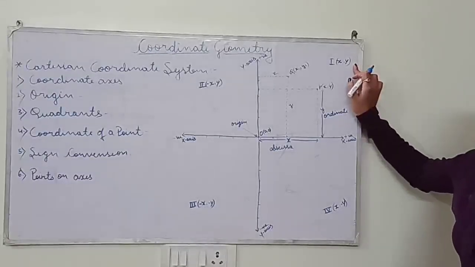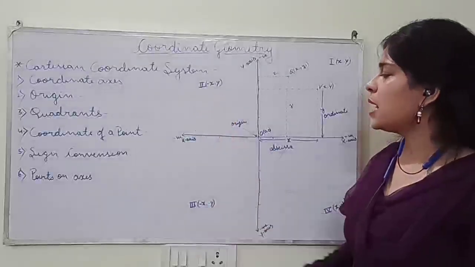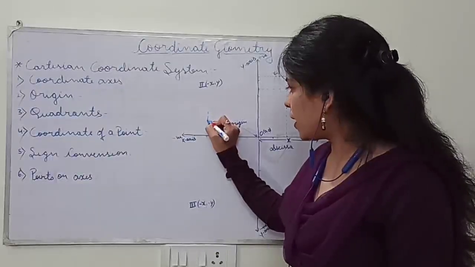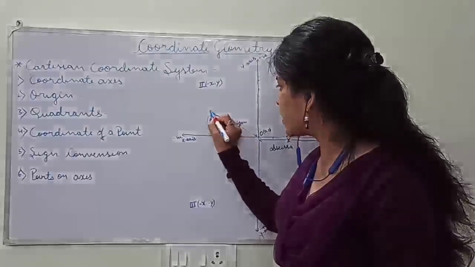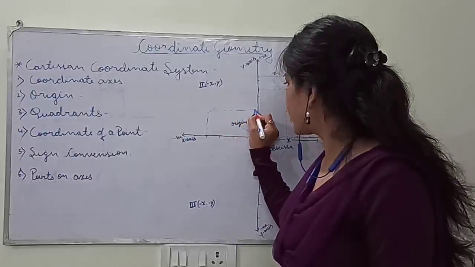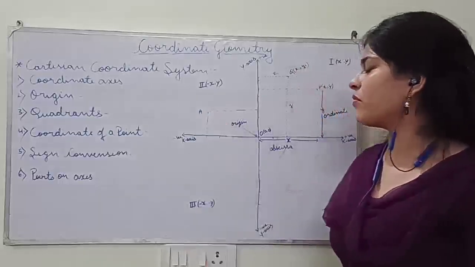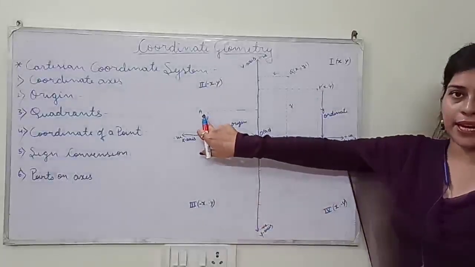Now let's come to the second quadrant. Suppose we have some point A here in the second quadrant.